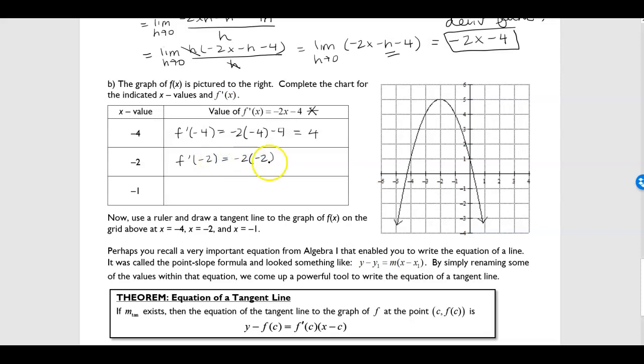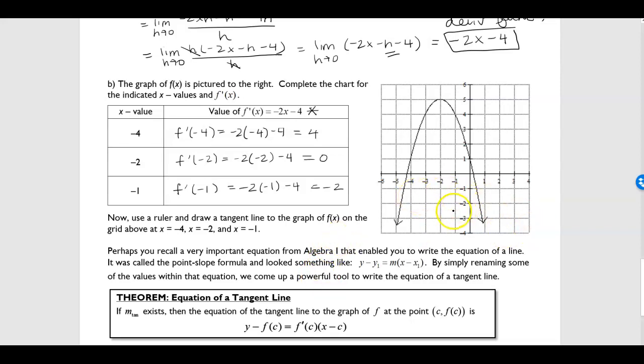Negative 2 times negative 2 minus 4. I will get 0. And if I evaluate at negative 1, I will get negative 2. So this method is more convenient when I have multiple values to find the derivative of, so that way I didn't have to do an equation every time I wanted to find the slope at a different x value.